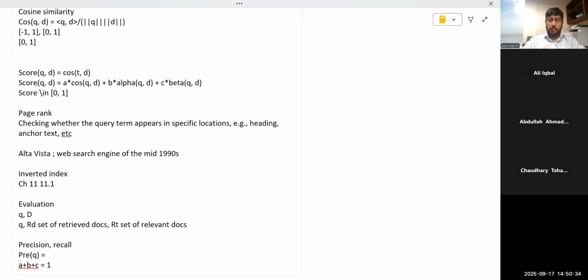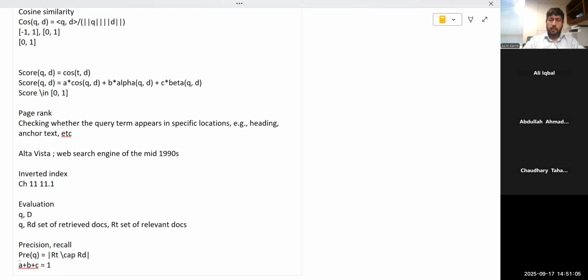So precision is basically the number of relevant documents that are retrieved in the total number of documents retrieved by the system. So if I want to write this in terms of notations, so I have RT here, cap कर लें, cap is the intersection operator, RD.